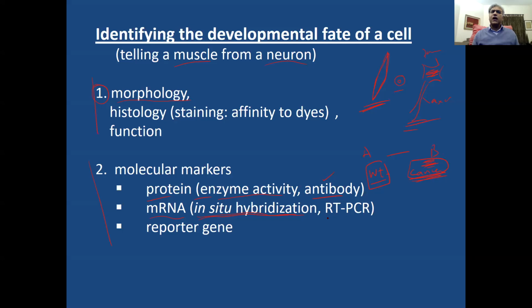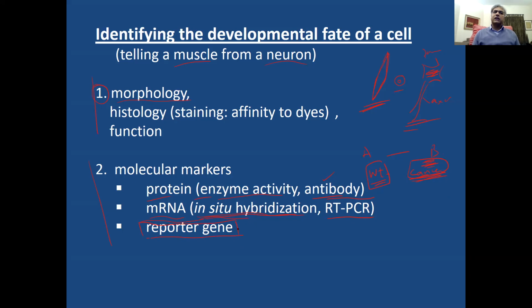We can also do RT-PCR. We can isolate total RNA, and instead of in situ, we can do reverse transcription PCR on the cDNA made from these different kinds of cells. Also, we can use a reporter gene. That is an altogether different strategy, and I'll talk about reporter genes later on.